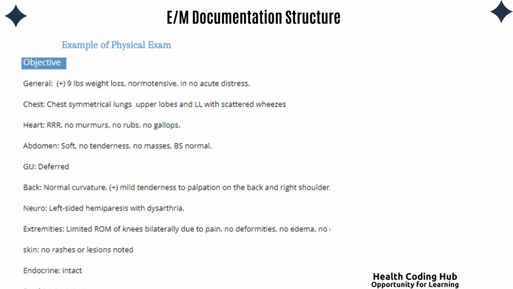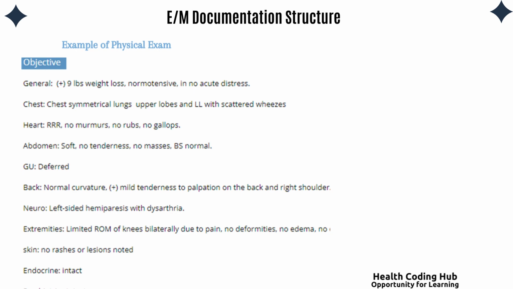Since January 1st, 2023, the history and physical examination requirements have been eliminated. This is for documentation purposes only, and the coding guidelines will change the code selection requirement to be based on only medical decision making or total time of the E/M service.